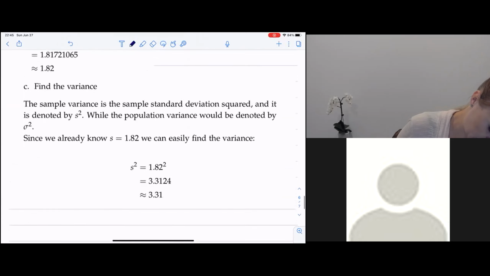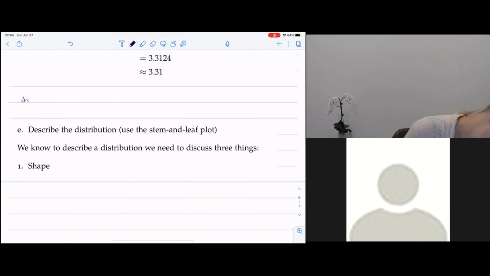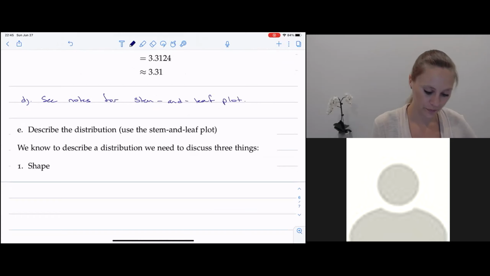So that was the notes for the stem and leaf plot. Okay.